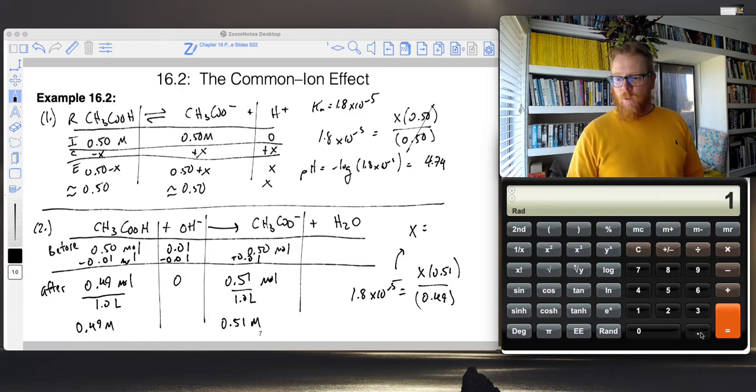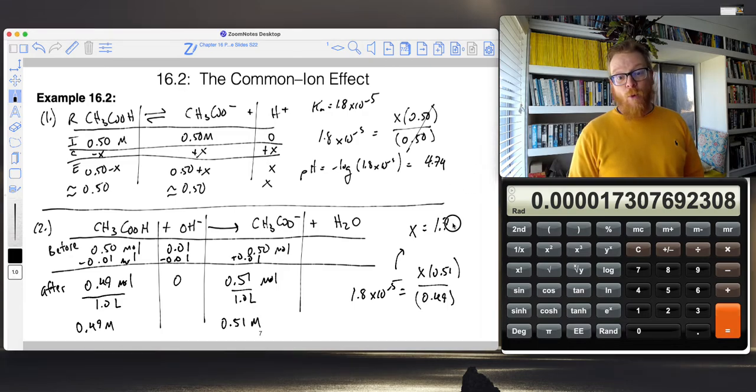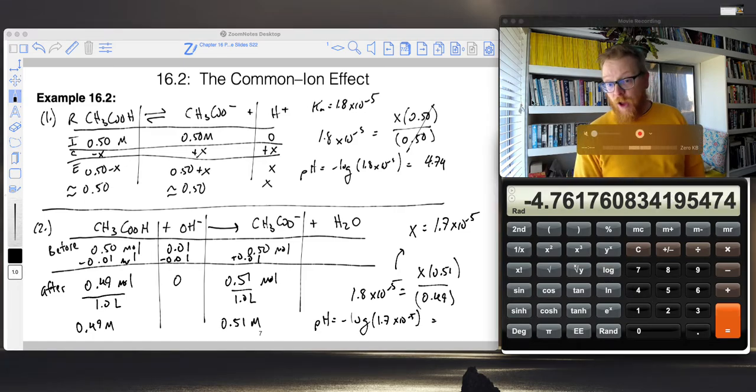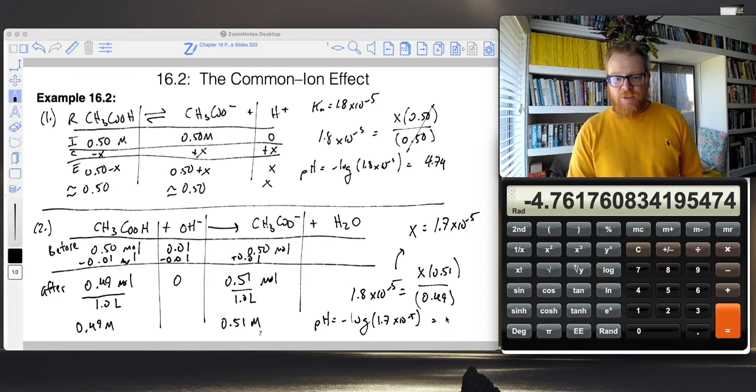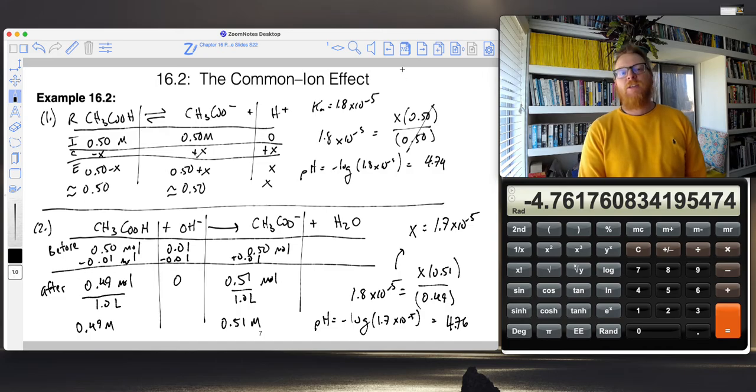So let's say 1.8 e to the negative 5, and now that's divided by that 1.04 number, and now I get X to equal 1.7 times 10 to the minus 5. And then, of course, the pH is the negative log of that number. Since it's on my calculator here, I can just push log. And there we go. And remember, the negative sign is going to go away. And so that is 4.76.